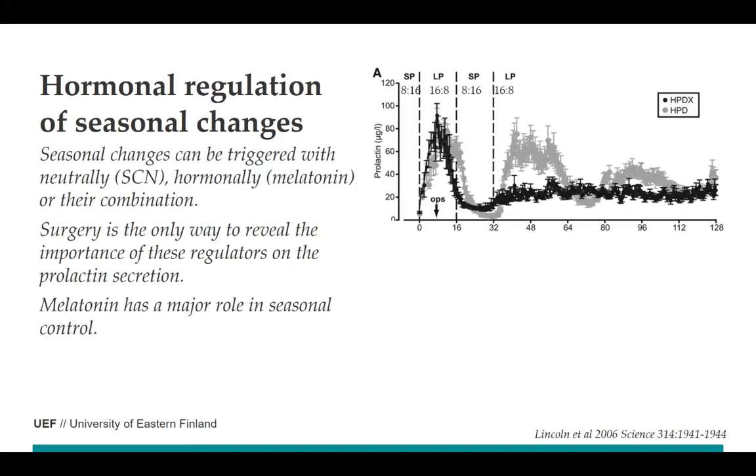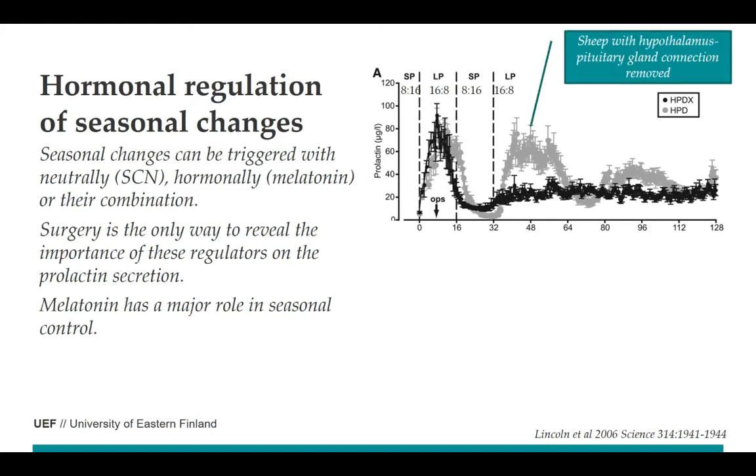And so in these sheep, if you have removed the hypothalamus pituitary gland connection, it still continues to have high prolactin and this circannual rhythm of the prolactin. But if you remove the pineal gland, the circannual rhythm is lost.